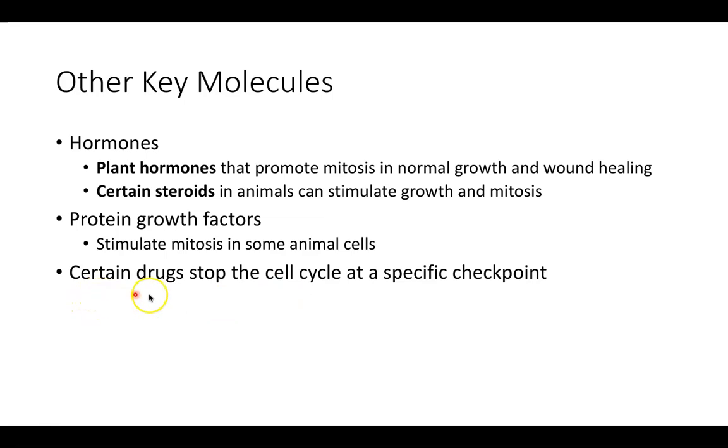But there are some drugs, especially a lot of our cancer drugs, that can stop the cell cycle at certain parts. So as I mentioned before, one of the tricks that cancer uses is that even though it begins to duplicate with the wrong number of chromosomes or something is wrong in the cycle, it can interfere or bypass those cycling so that it keeps growing.